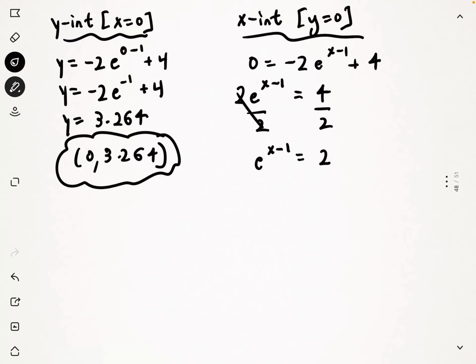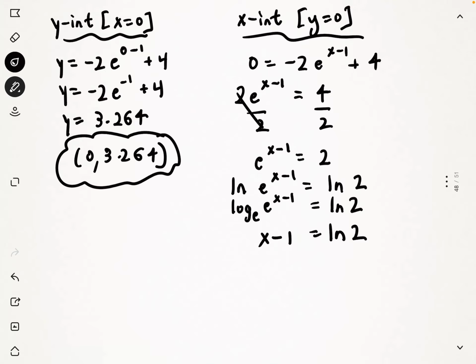But if you remember from 12a, you can get rid of that e by getting the natural log of each side. If you do it to both sides of the equation, it's okay. And a natural log cancels out the e. This is really the step that we're doing. This is something that I believe you have learned in 12a, is that natural log is really log subscript e, and then if the e's are the same, you can just say that they cancel out and they have x minus 1 is equal to ln 2.